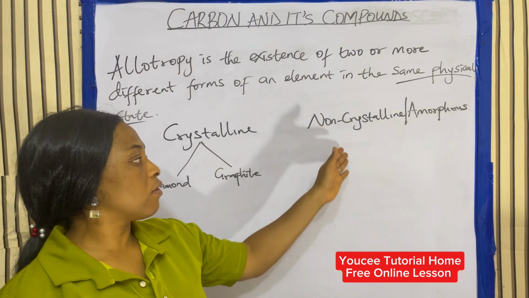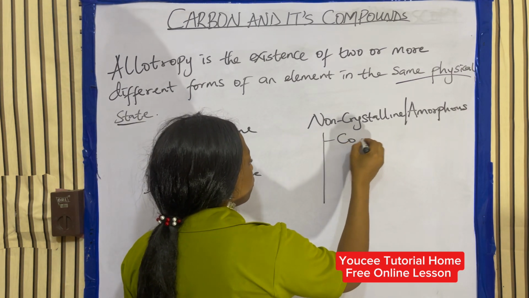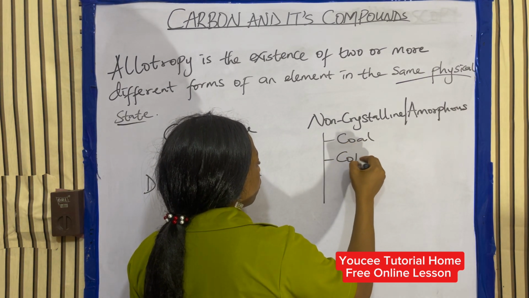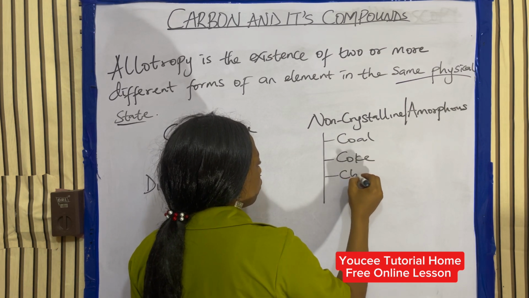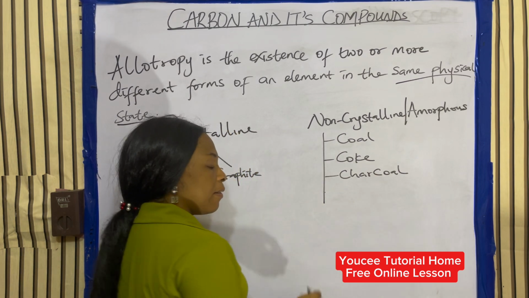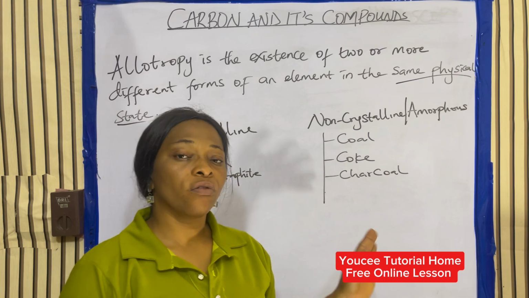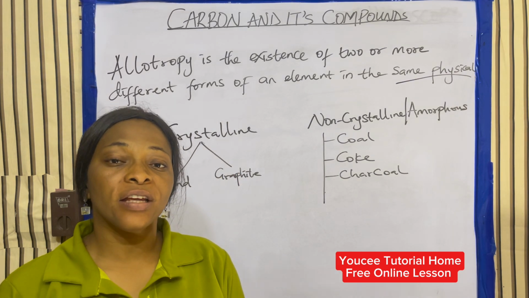Then under non-crystalline or amorphous, there are so many of them: you have coal, coke, charcoal, and animal charcoal. We're going to be looking at them one after the other.